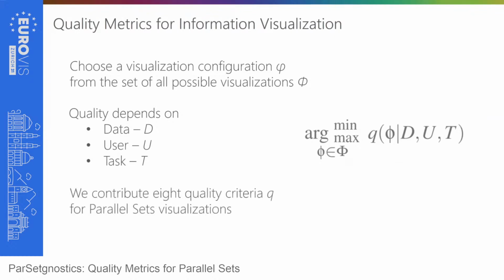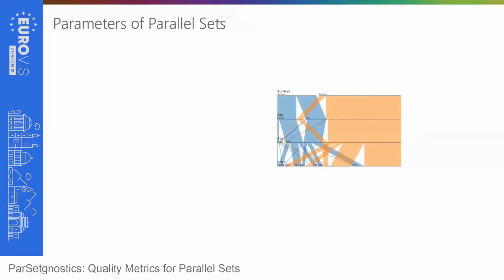In our work, we contribute ParSetgnostics, a set of 8 quality metrics which can be minimized or maximized to improve the readability of parallel set visualizations or optimize them for a specific pattern. The appearance of parallel sets visualizations depends on a variety of parameters.